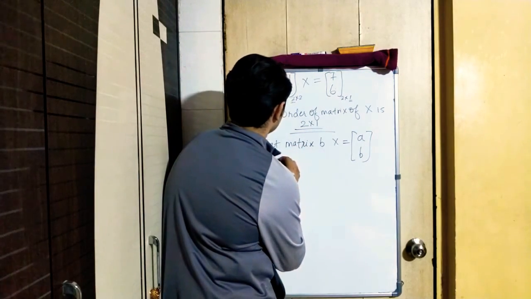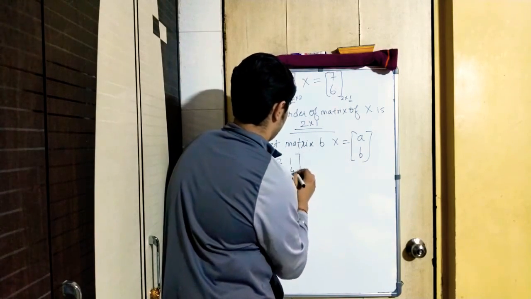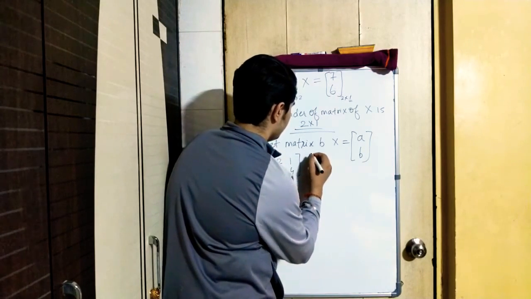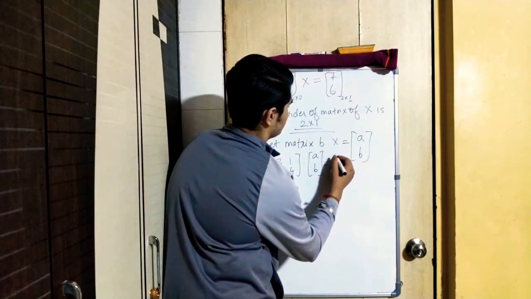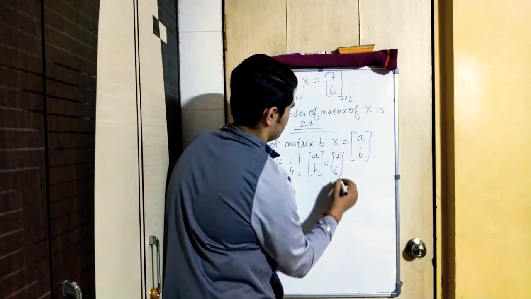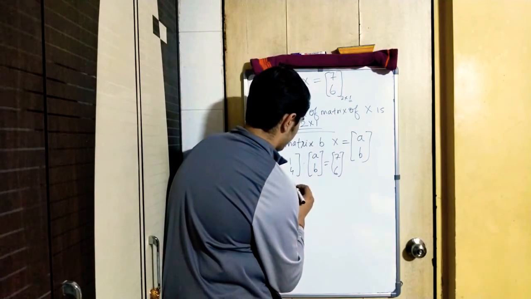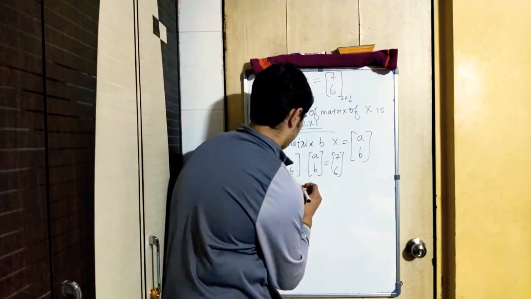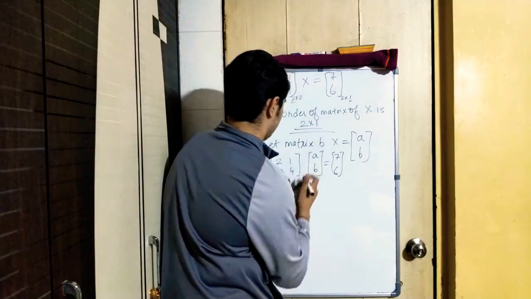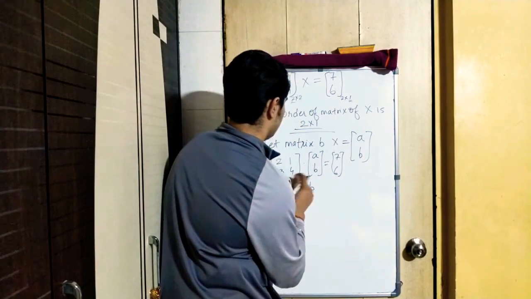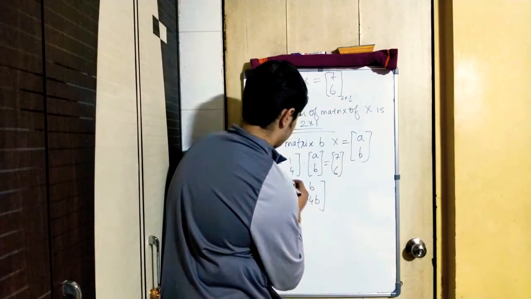For solving, I take the equation 2, 1, minus 3, 4 into A, B is equal to 7, 6. So 2 into A is 2A, 1 into B is 1B, so I write plus B. And second is minus 3A and 4B.